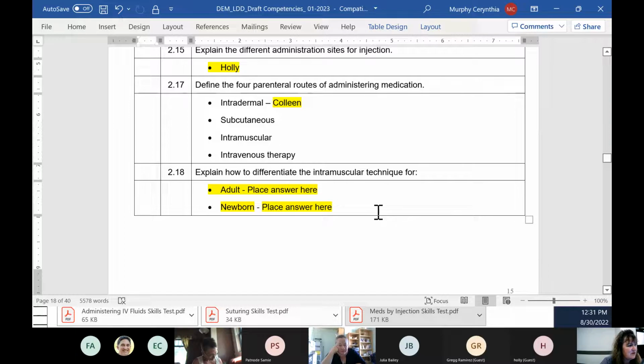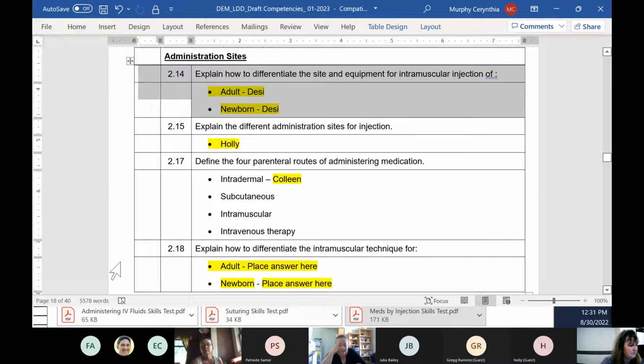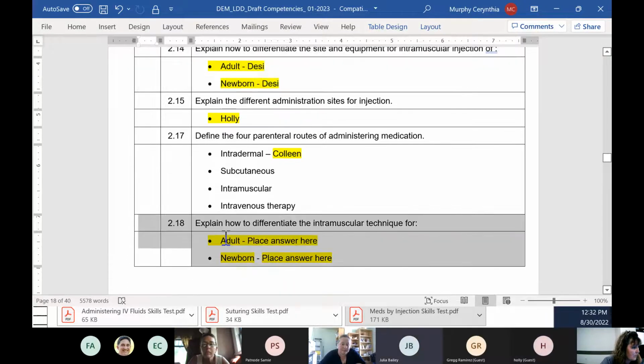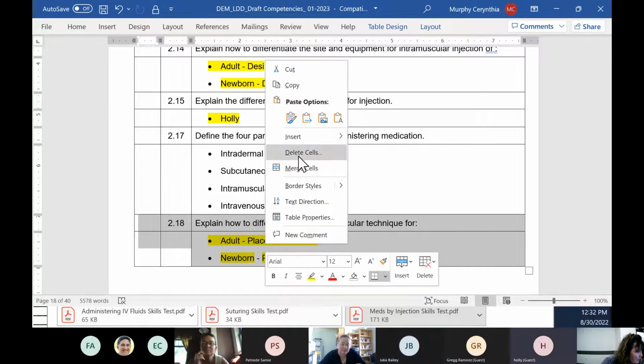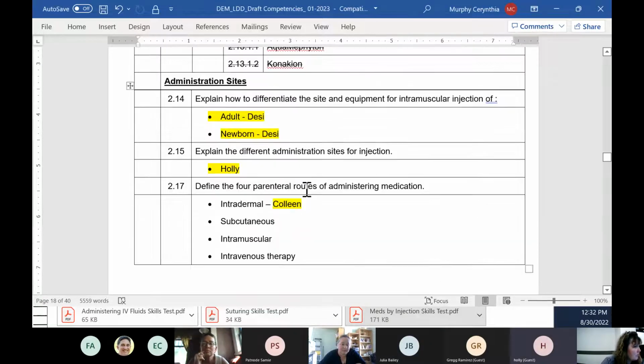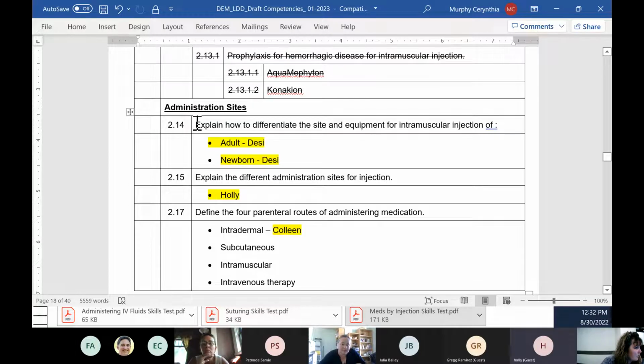Which one is better, I guess is my question, 1.8 or 1.4? We added in equipment because of the different length of needle, and that's as much about the weight. So keep 1.8 and delete 1.4. And instead of explain how to, we're not explaining how to differentiate. We are differentiating. So just differentiate the site and equipment.